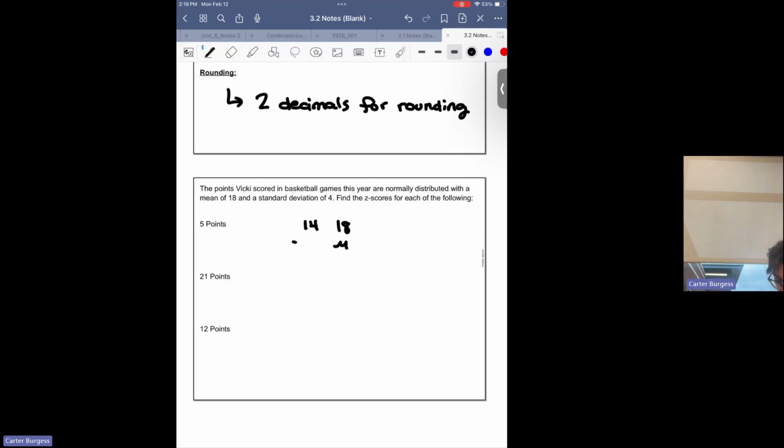So this would be minus 1 sigma. What would 2 standard deviations to the left be? 10. This would be minus 2 sigma. What would 3 be? 6. And then 4 would be 2.